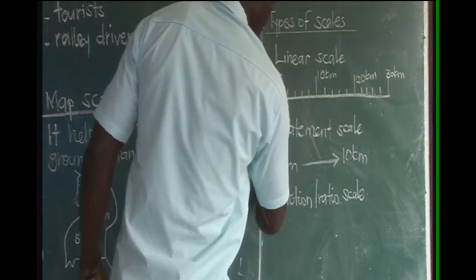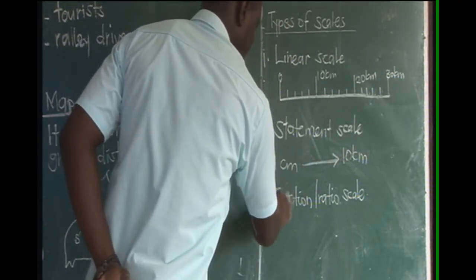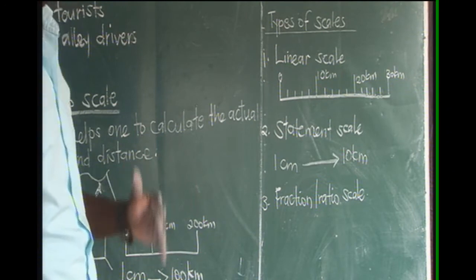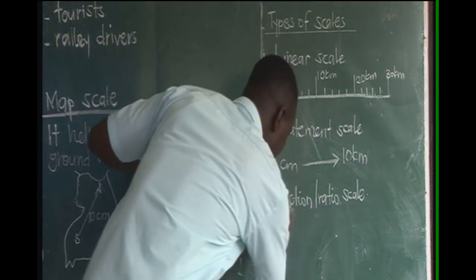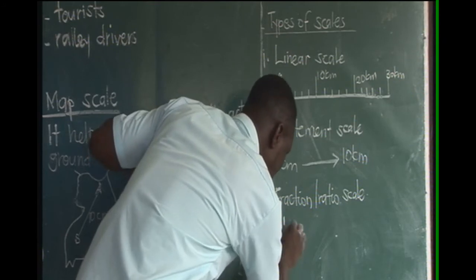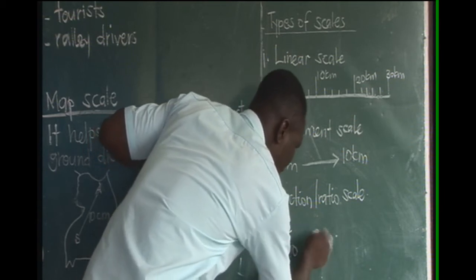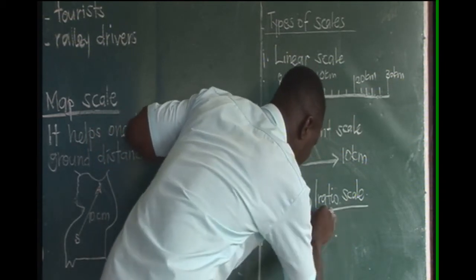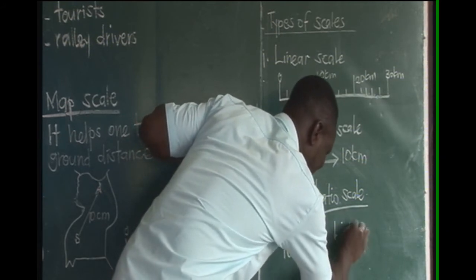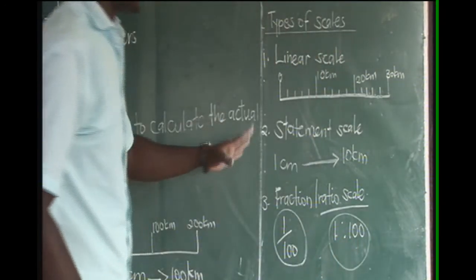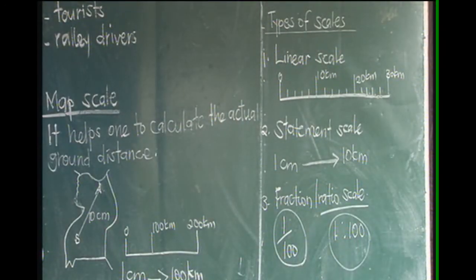This can be in either a ratio form or in a fraction form. For example, we can have it as a fraction, 1 centimeter representing 100 kilometers, or it can be written in the ratio form 1 to 100. So that is how we represent all the types of scales that we are having.